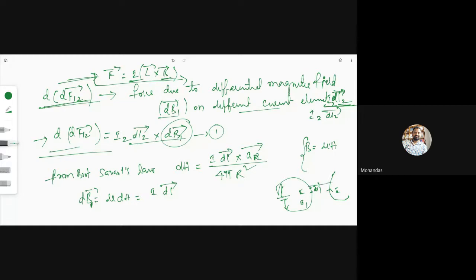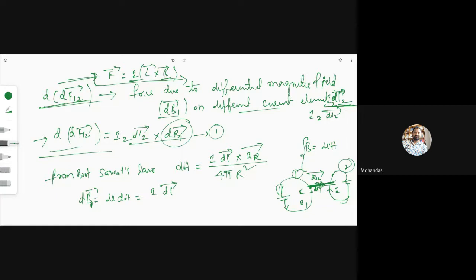Distance between this loop and this loop. Now I have to take this distance from here to here. This is R12. This is loop 1 and this is loop 2. So which one I have to write?